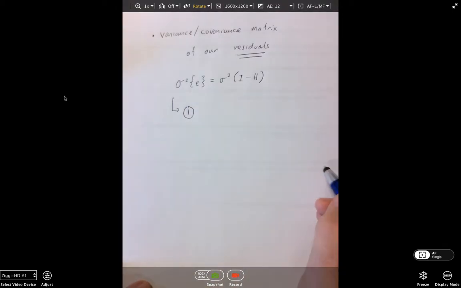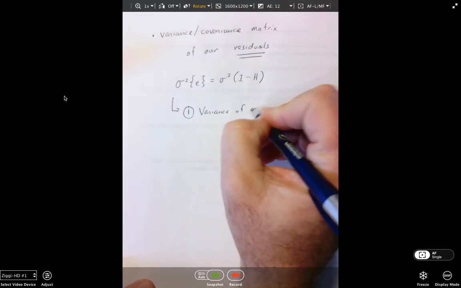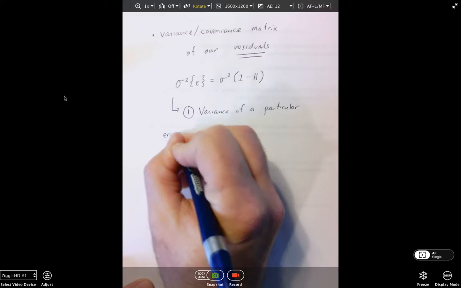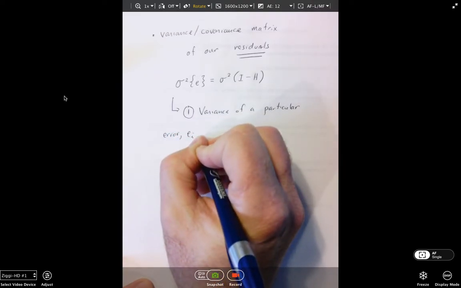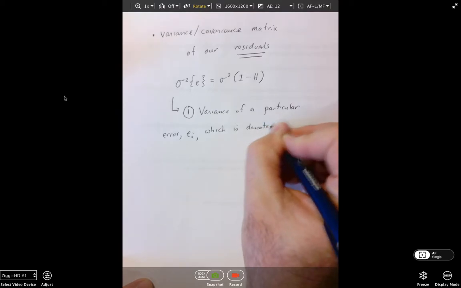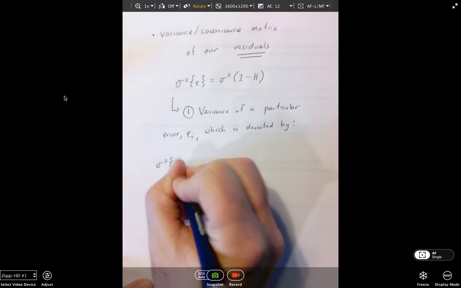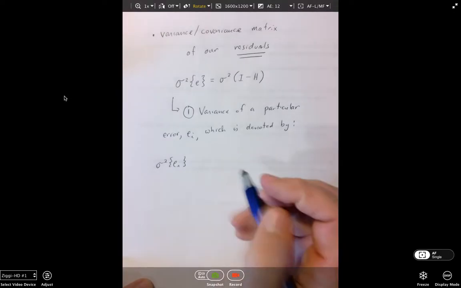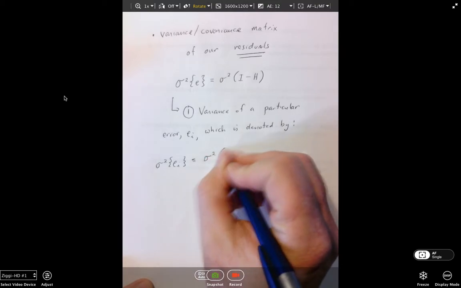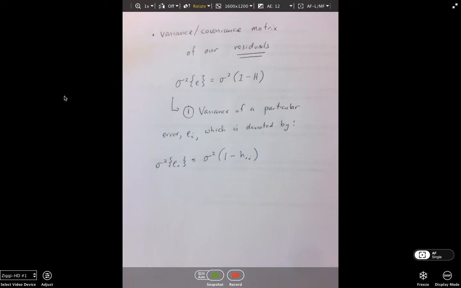So let me put 1 and 2. It tells us, first of all, that the variance of a particular error, let's just call it E sub i, which is denoted by this mess, can be found by taking this product.